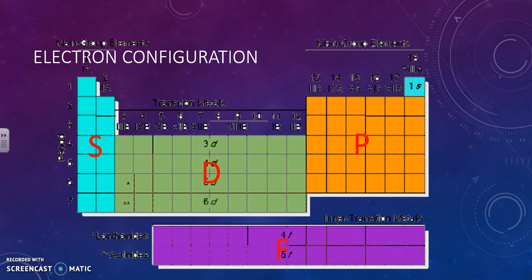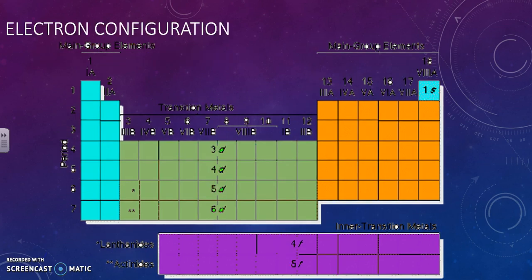Second, there's a numbering system on top of the periodic table. The S area is numbered at the top, starting with 1 and descending all the way down to 7. The P area starts at 2 and continues down. The D area starts at 3 and goes all the way down.